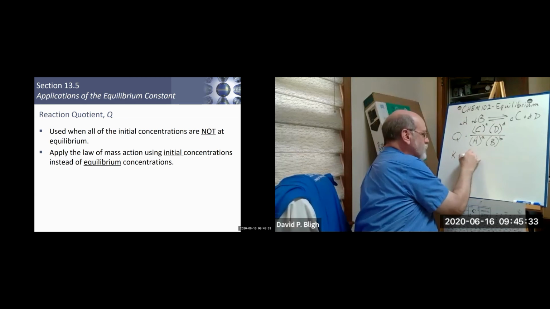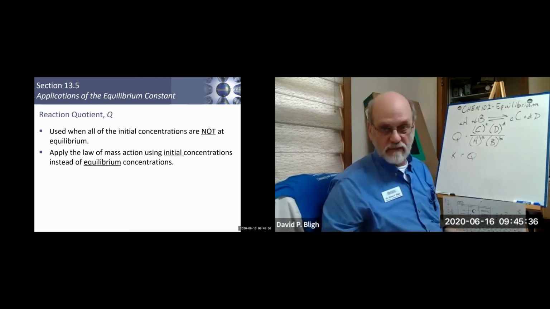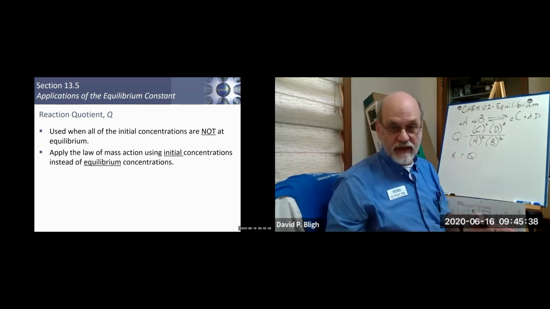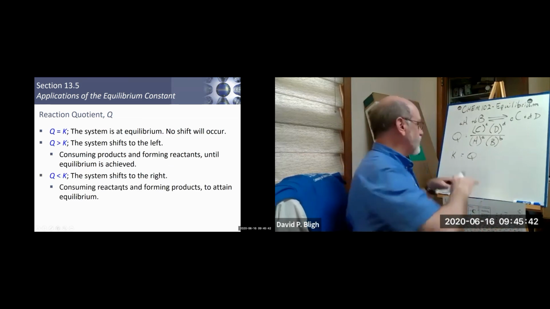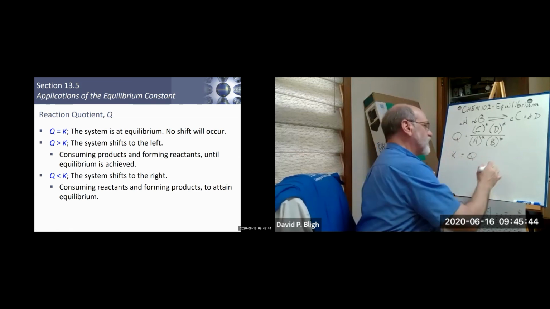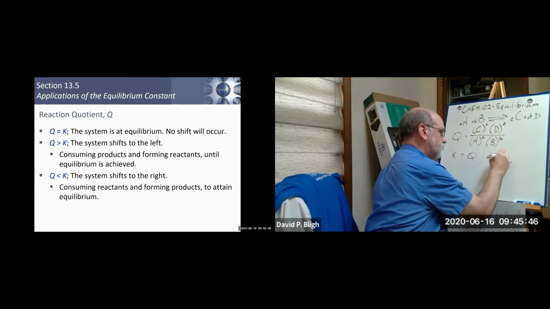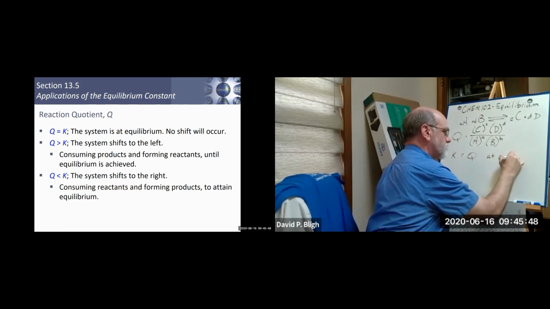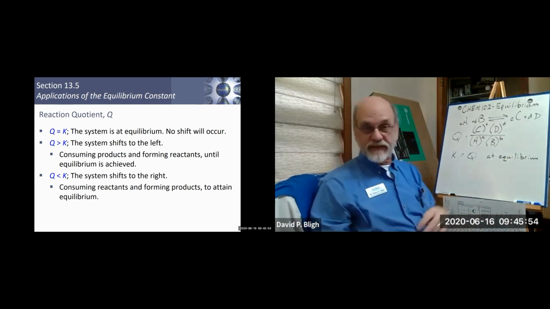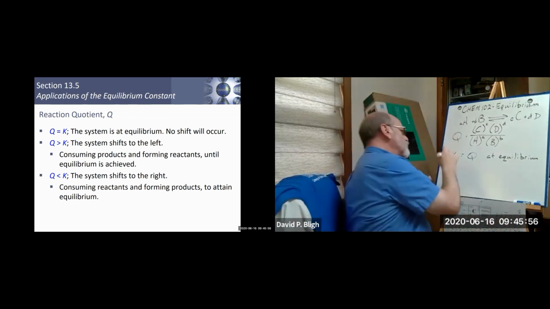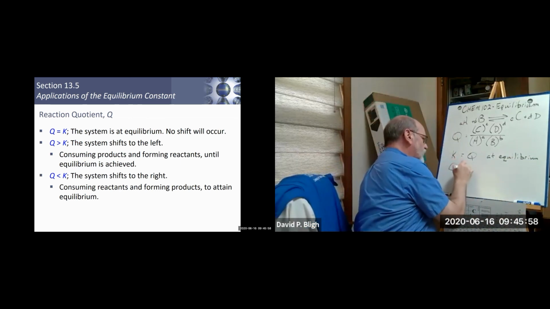If K is equal to Q, then what are we saying? We're saying that the system is at equilibrium. Okay, that's the easy one. What if Q happens to be greater than K?